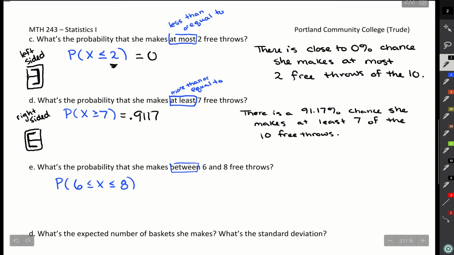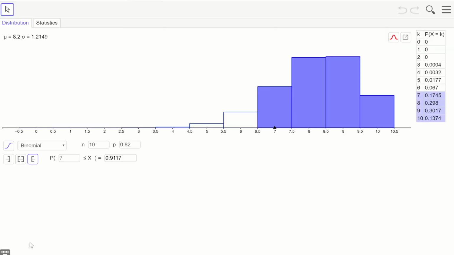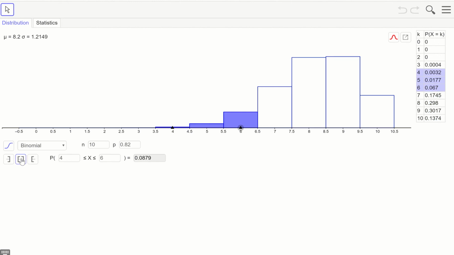Then for part E, we're looking between 2 values. So we'll want to choose that button for looking between, or the button said interval. So we want to choose between, and then we want to set these bounds as 6 and 8. So we change our interval.